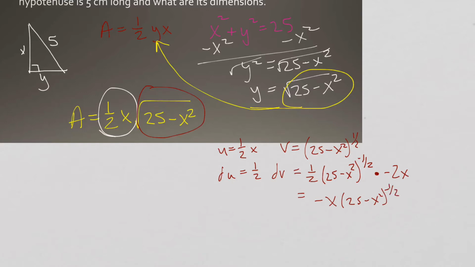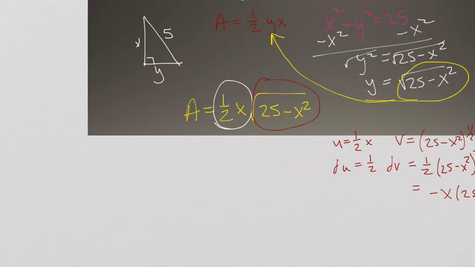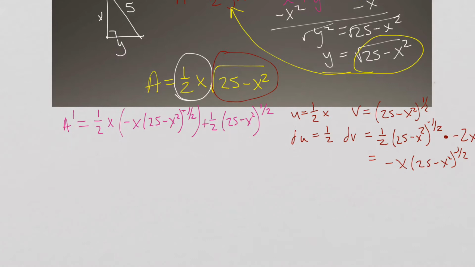And now, I need to actually find A prime. So our steps started off with draw your picture, come up with your two equations, which we've done, and then find the derivative of the one that you were able to plug into. If I slide over, I get A prime equals 1/2 x times this, using the product rule.